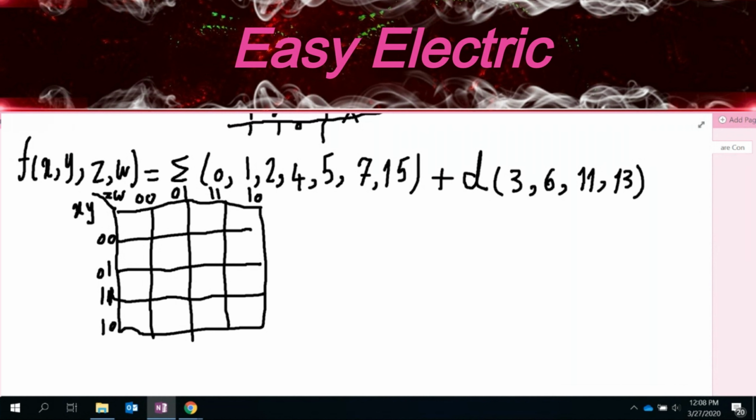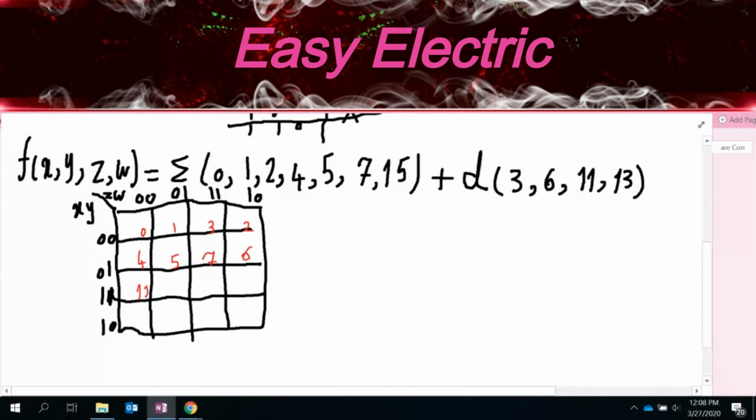So let's have numbers for each of these squares. Definitely this is 0, this is 1, this is 3, this is 2. Then again you have here 4, 5, 7, 6.